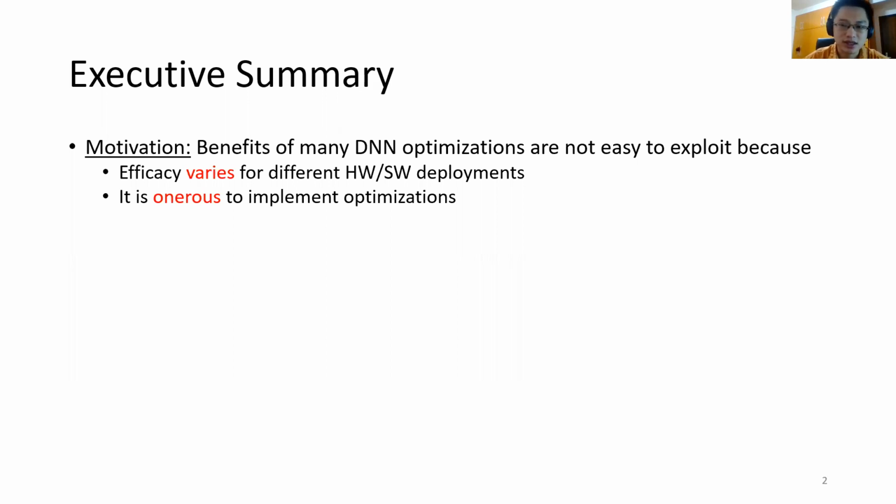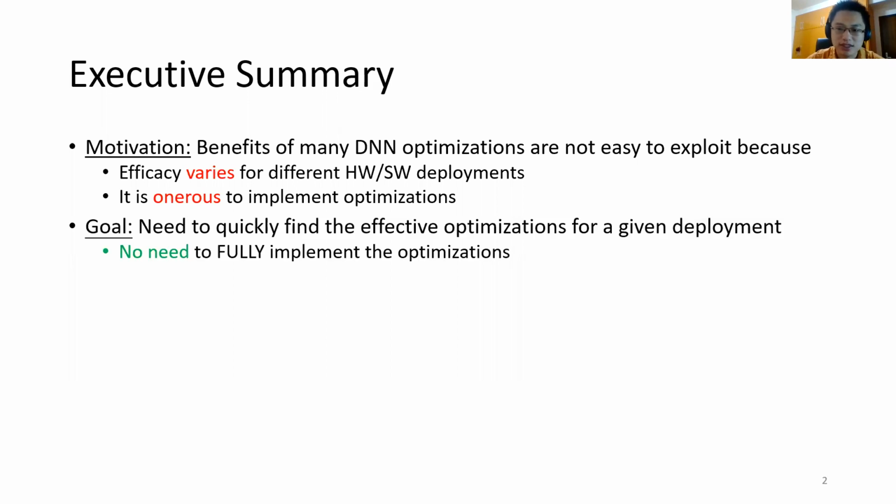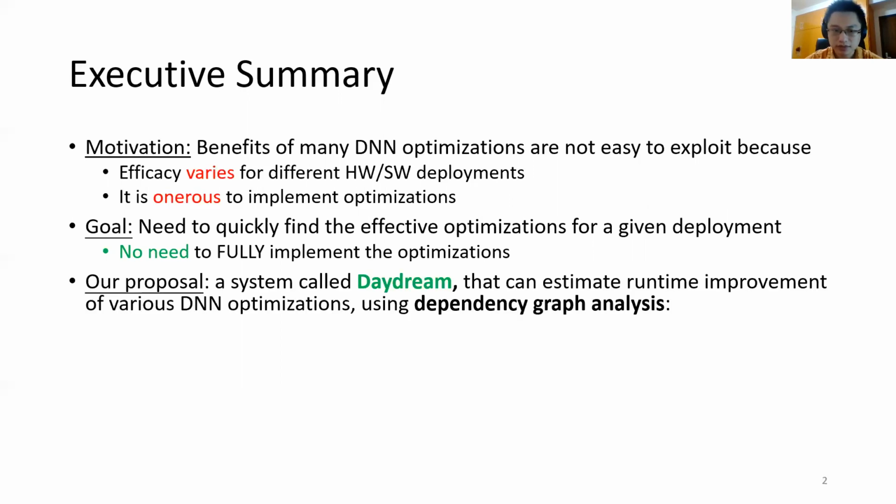First, the efficacy of a DNN optimization varies when applied to different hardware-software deployments. And second, it is onerous for programmers to implement and debug the DNN optimizations. And this raises a demand for a solution that can quickly identify the effective optimization for any given deployment so that there's no need to try each optimization.